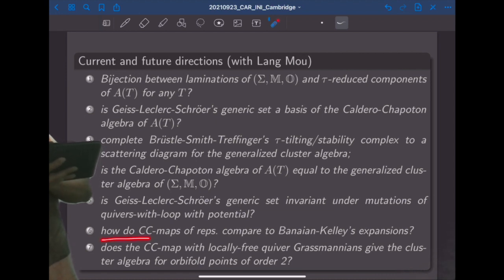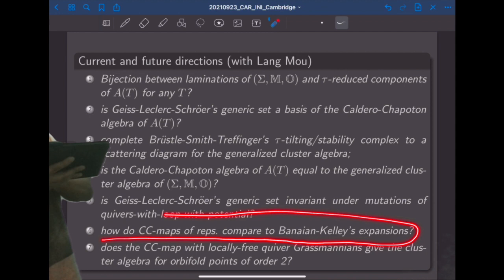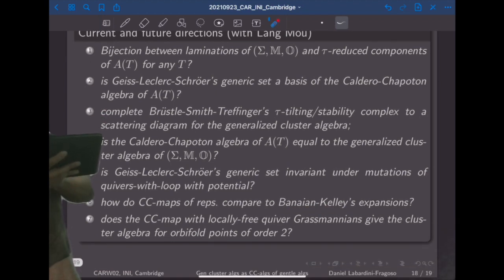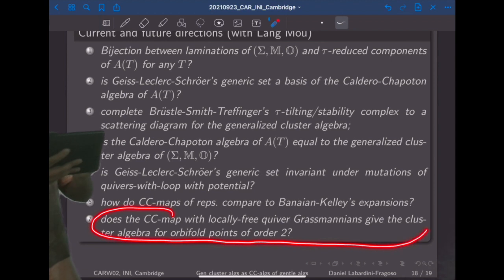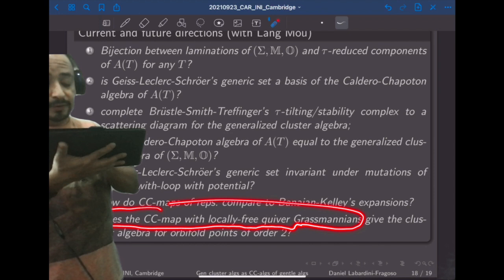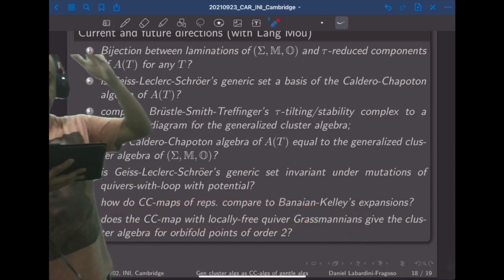So how do the Caldero-Chapoton maps of these representations compare to the expansions in terms of some generalization of snake graphs given by Banaian and Kelley? And how does the Caldero-Chapoton map compare with the Caldero-Chapoton map of the locally free quiver Grassmannians, where you only take submodules that are locally free?